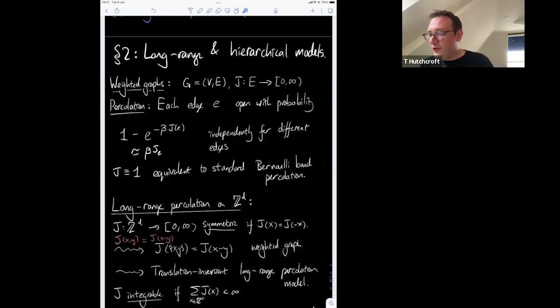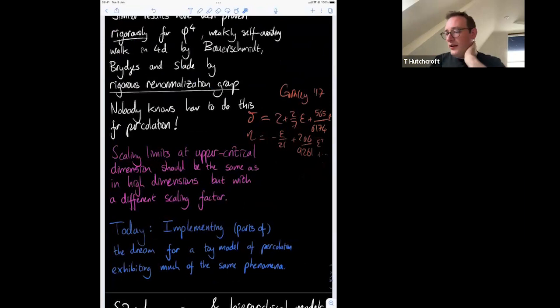Maybe before I start on that, I think for many mathematicians, if you hear about models in 6 minus epsilon dimensions, it's natural to start thinking about models on fractals. So I'll just say that doesn't really work. I won't go into it further, but that's not the right way to think about things.